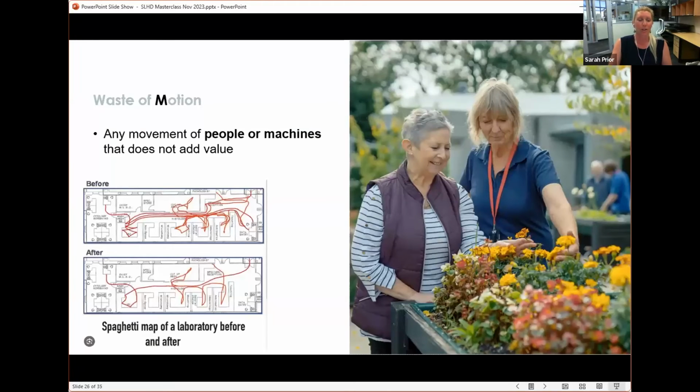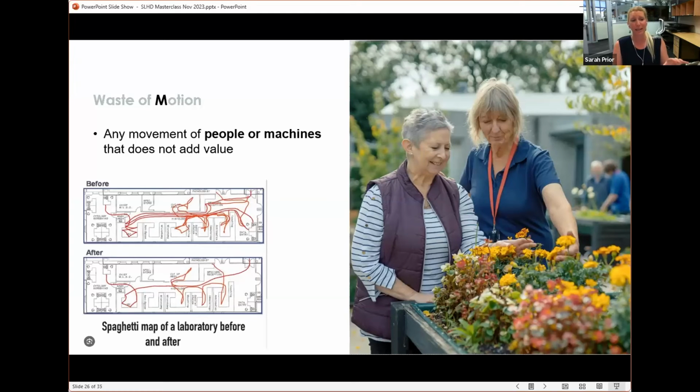So the waste of motion, it's different to the waste of transport in that motion is about the movement of people or equipment that doesn't add value. So, for example, nurses who spend most of their time in the corridor looking for things, ambulance officers moving equipment from one truck to the next, laboratory employees walking miles every day because of poor layout of the lab, or even searching for information in a medical record is considered waste of motion.